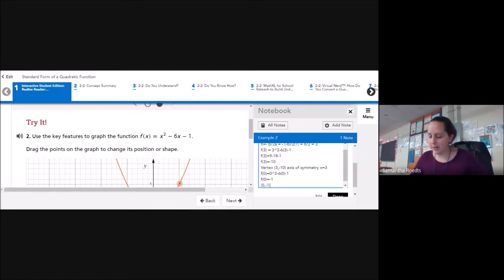And since 0, negative 1 is a point on the parabola, 1 unit down, it's going to be 10 units down, 3 units to the right. And it's going to pass through the point 0, negative 1. And the axis of symmetry is 3.